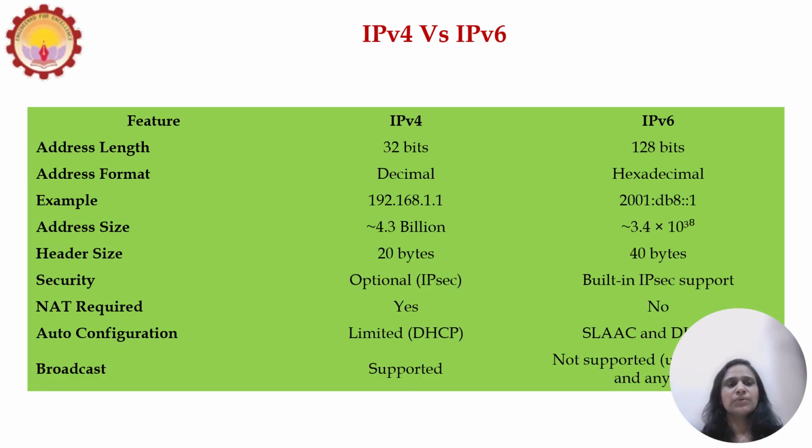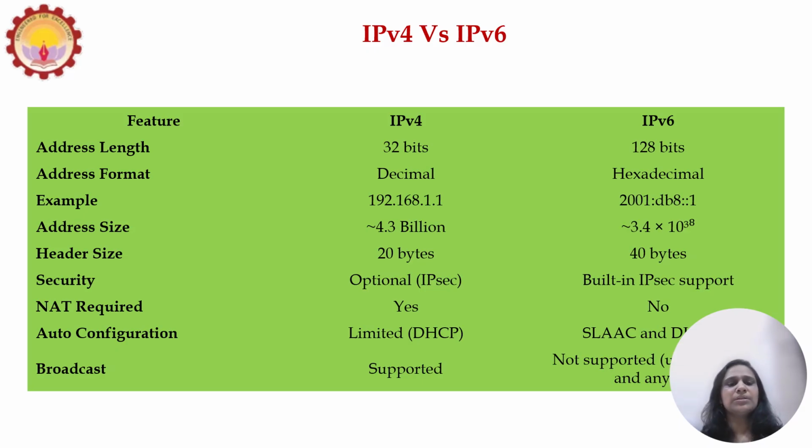So this is a comparative study with respect to the features of IPv4 and IPv6. With respect to address length, IPv4 is 32-bit whereas IPv6 is 128-bit. The address format for IPv4 is decimal whereas IPv6 is hexadecimal.